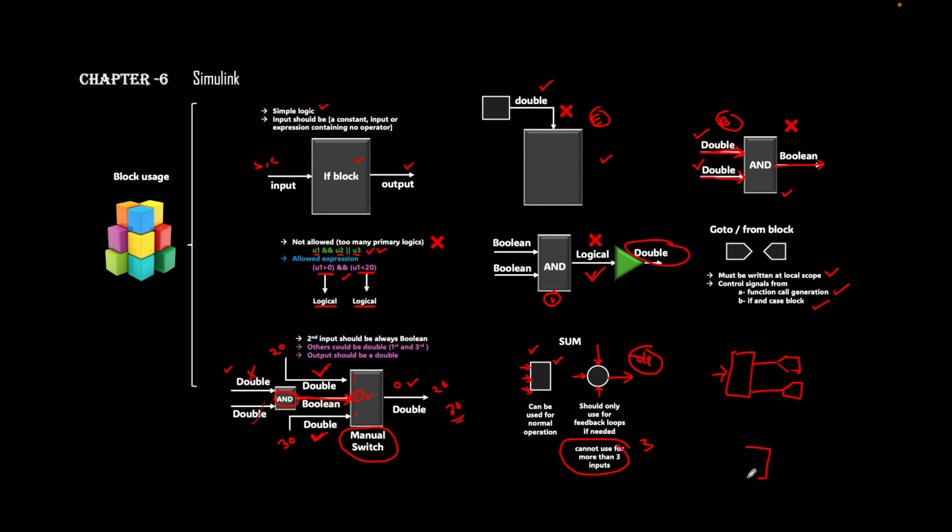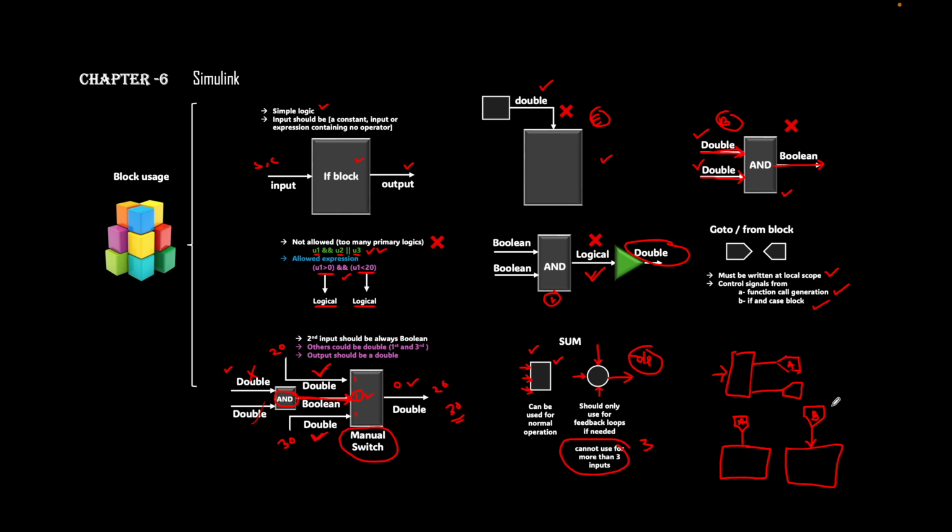Suppose you have a subsystem that is getting activated, so here you can use the from block and you can activate. Suppose this is A, then this should also be A, and for the second subsystem you can have it like this, and here you can have a from block. So this makes the logical implementation easier and more readable. That is why we use go to and from blocks.